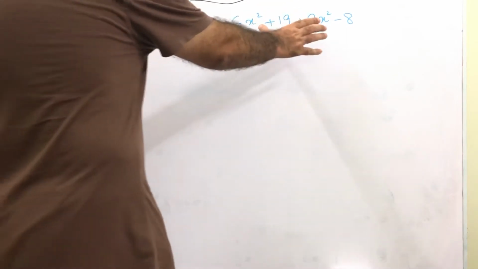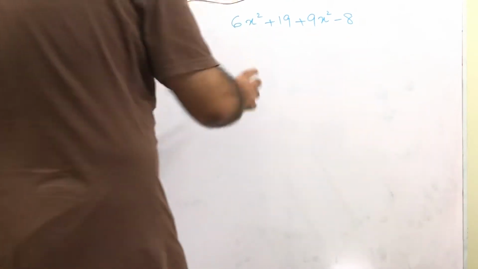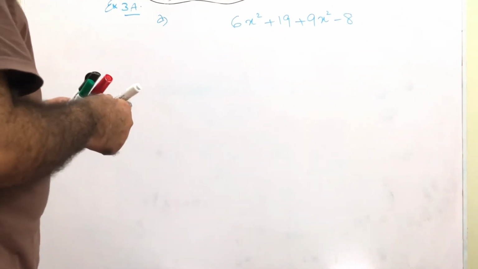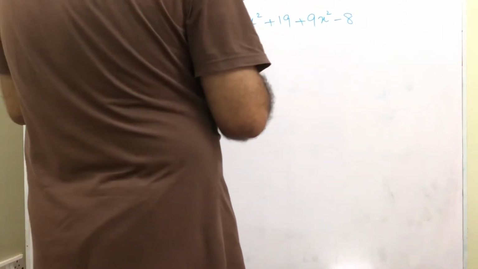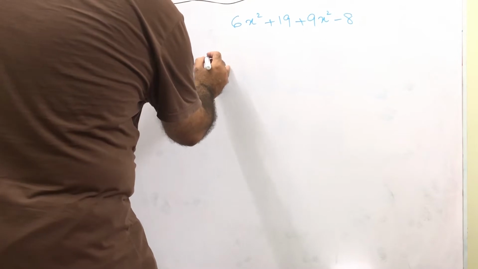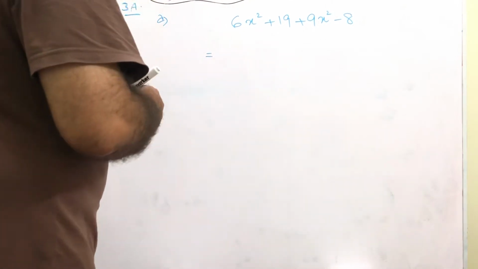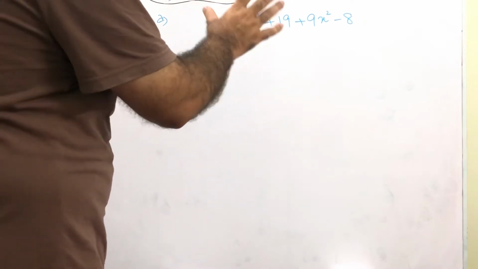So this is an expression because no equal sign is given anywhere. So one thing is that when an equal sign is not given, it is an expression. So before solving, we can put an equal sign in the beginning. So how to expand or simplify this expression?